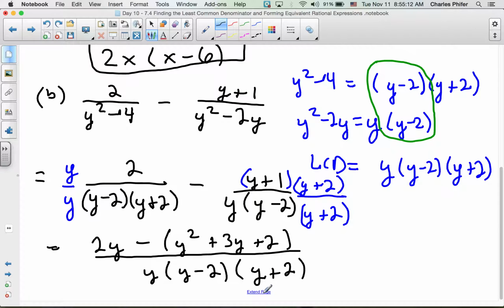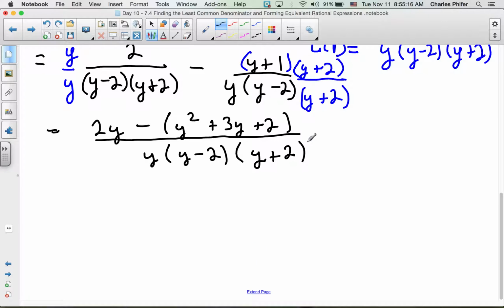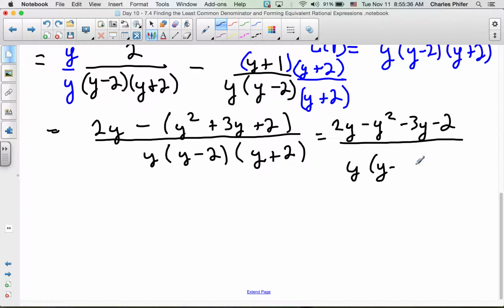Okay. So I'm going to distribute the negative. This is going to give me 2y minus y squared minus 3y minus 2 over y times y minus 2 times y plus 2.